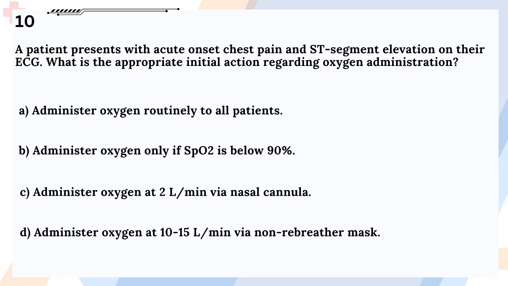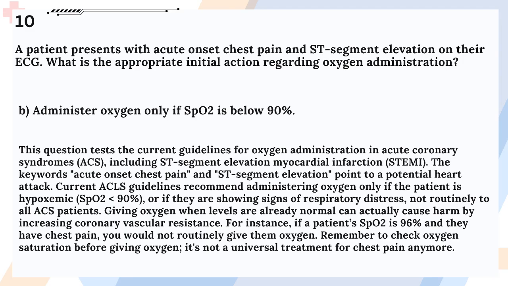C. Administer oxygen at 2 liters per minute via nasal cannula. D. Administer oxygen at 10 to 15 liters per minute via non-rebreather mask. Answer B. Administer oxygen only if SpO2 is below 90%.